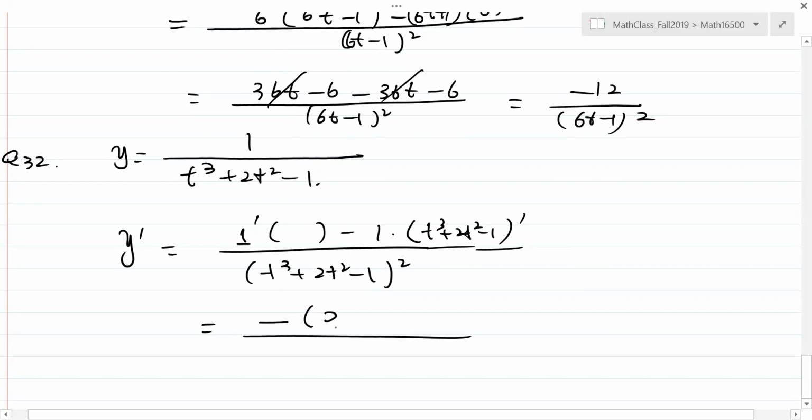Okay, 3t squared plus 4t. That's it. I cannot simplify further.